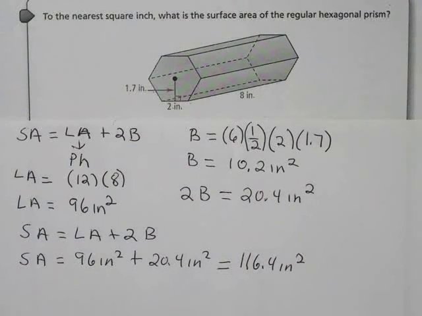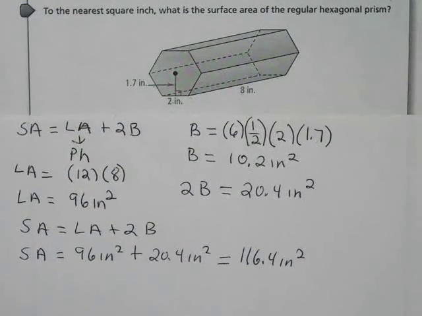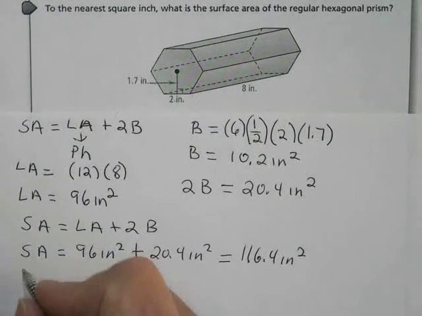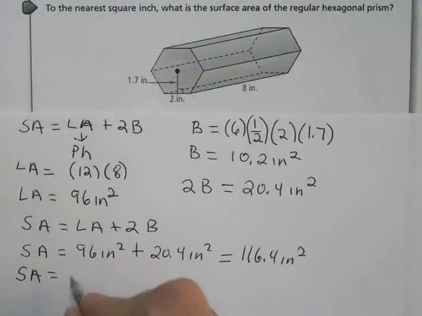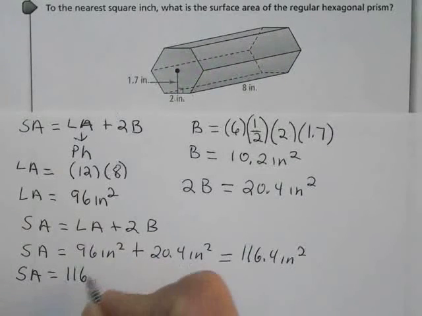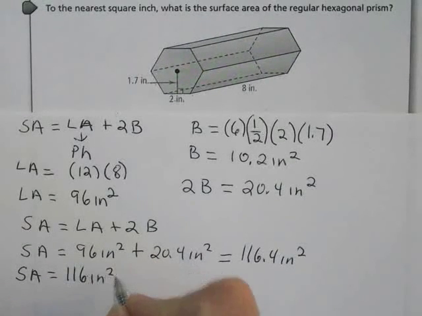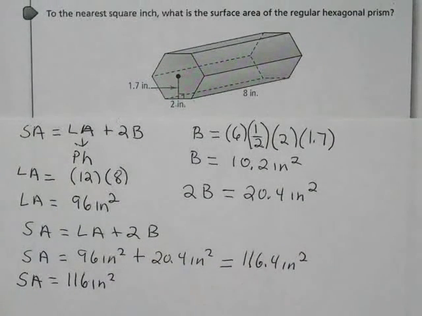We were asked in this problem to the nearest square inch. So our surface area answer, to the nearest square inch, would be 116 inches squared.